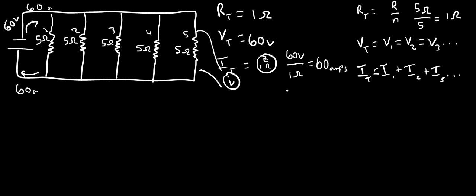Okay. So, knowing those terms, we now need to find, opposite of the series circuit, the amperage across R1, the amperage across R2, the amperage across R3, and the amperage across R4 and 5.